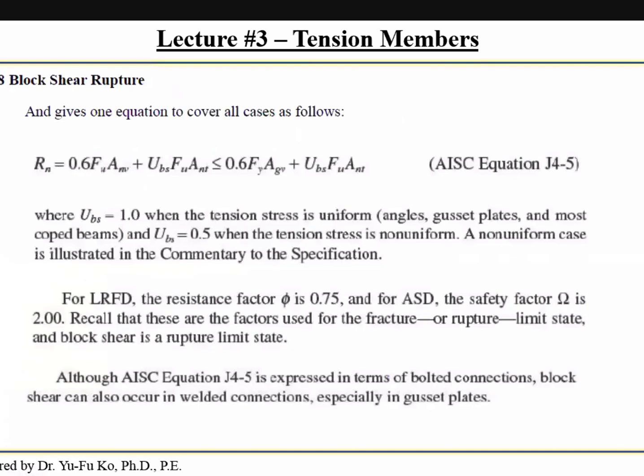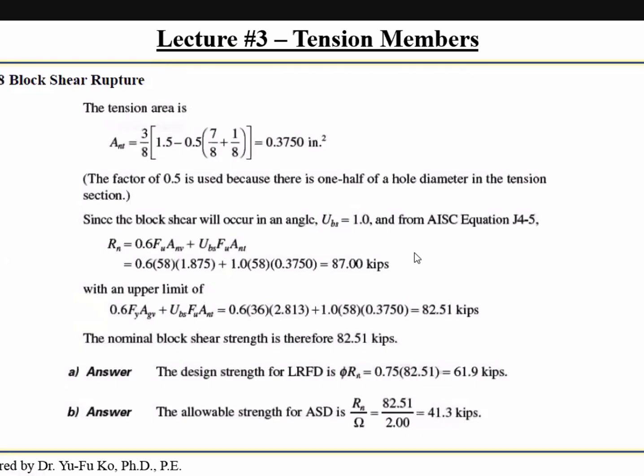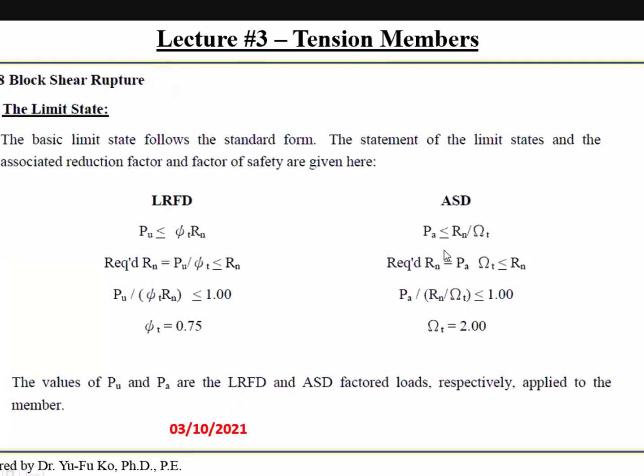As for ASD, Pa, the service load combination, should be less than or equal to the nominal block shear strength divided by the safety factor, which is 2.0. So this is what we ended up with last week.